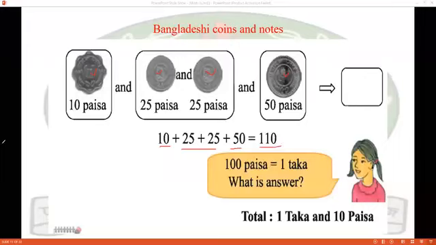There is a problem. You write 110 paisa, but we know that 100 paisa equal 1 taka. So we can write here 1 taka, because 100 paisa equal 1 taka, and here remain 10 paisa. So we can write 1 taka and 10 paisa.